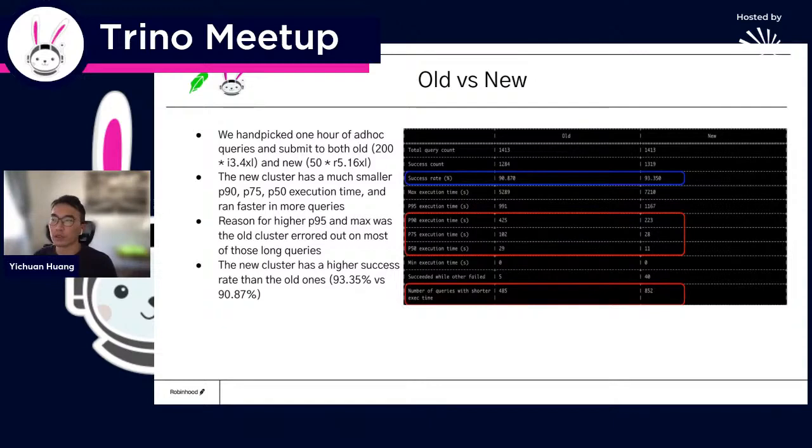Those queries just finished in the new cluster and failed in the old cluster, which contributes to the larger execution time. And as I mentioned, we are also seeing a higher success rate in the new cluster, which is 93%, than the old one, which is close to 91%.